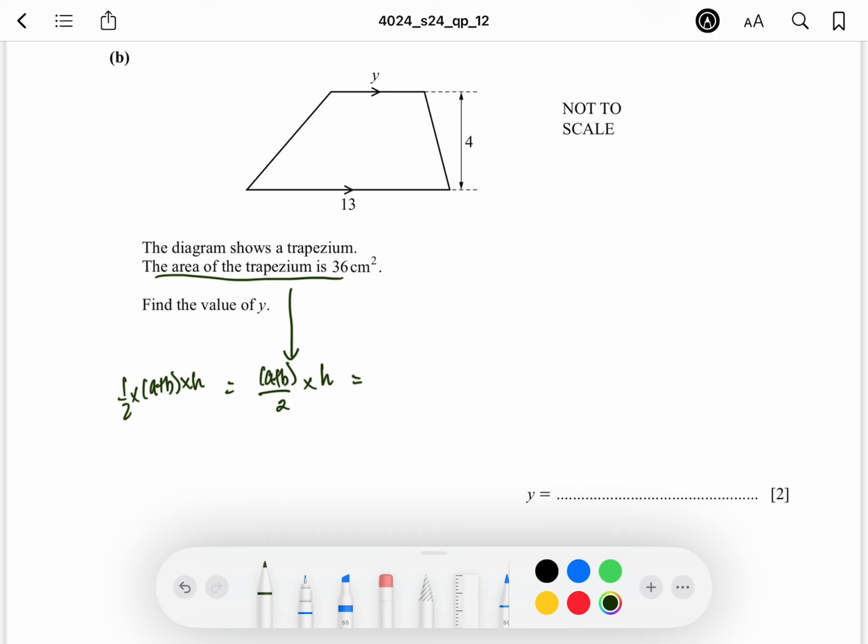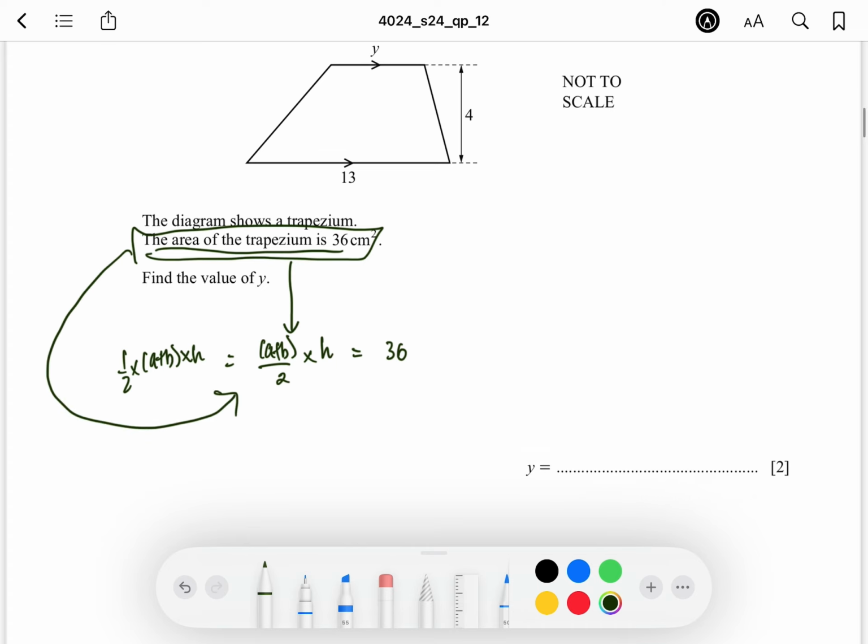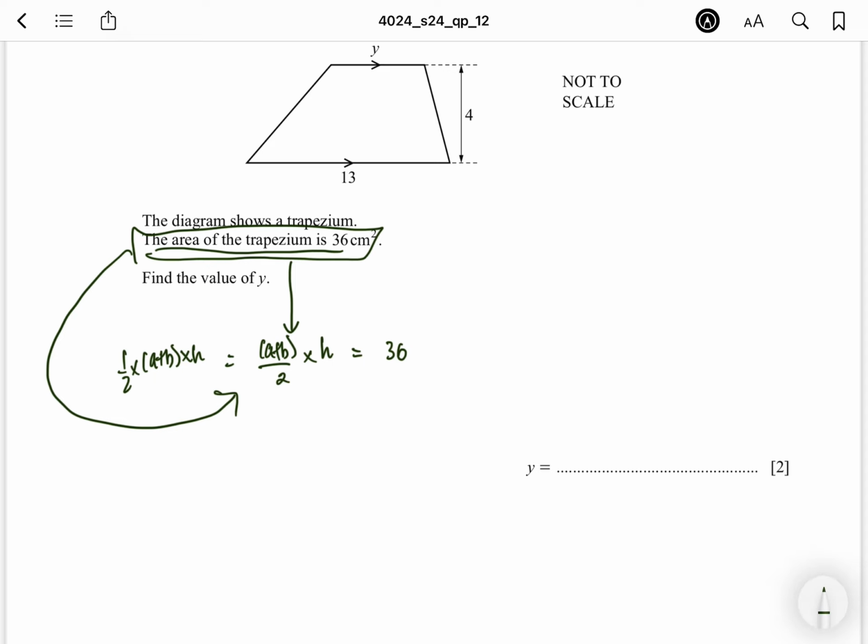So the area of the trapezium is 36. That sentence means this one. And then what do you do with that? You substitute. So (y plus 13) divided by 2 times the height, which is 4, equals 36. Simplify that one, it's easier.